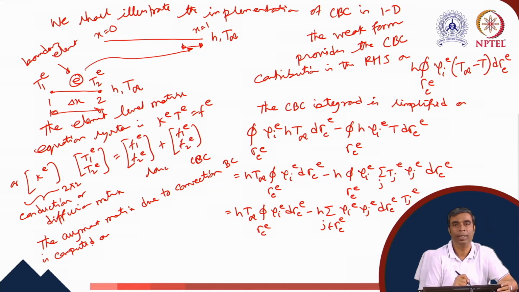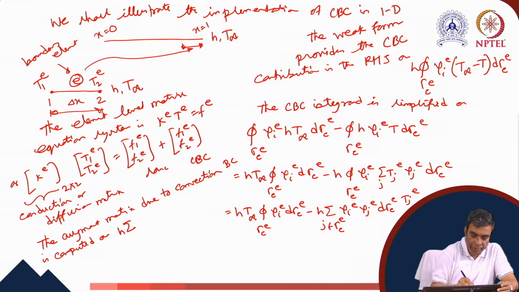This comes to the left hand side of the matrix equation system, so this term now becomes positive. So this is h times the summation over J belonging to gamma ce of the integral of psi ie psi Je d gamma ce, multiplied with TJe.